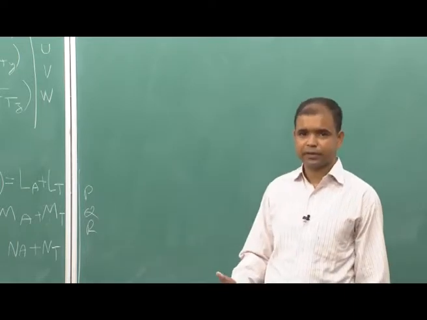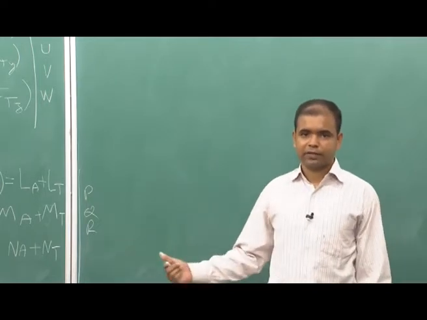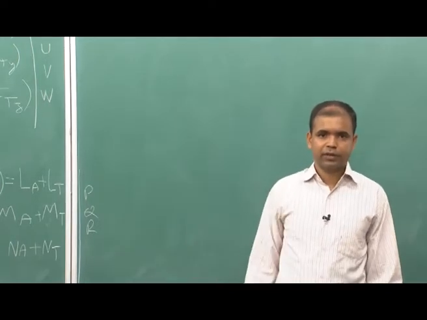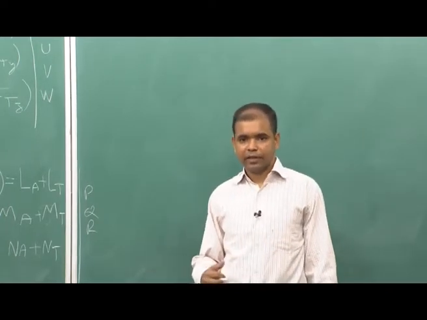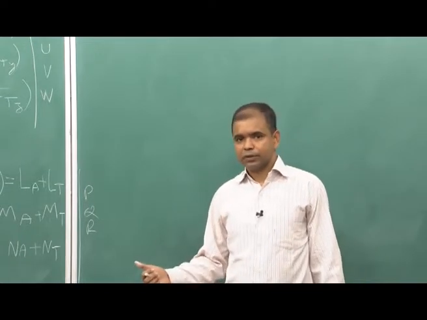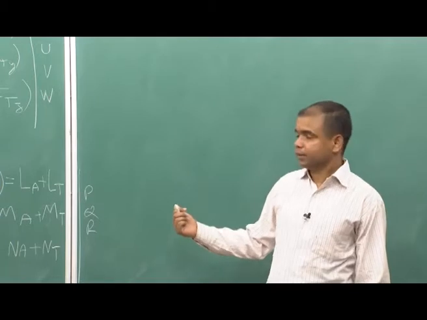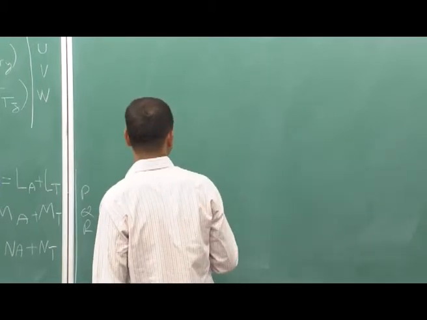So, we need a methodology to convert these body axis velocity components into the inertial frame. If you remember, we had studied the Euler angles, Euler rotation. With that set of equations, we can convert. Let us see a quick review of the Euler angles.